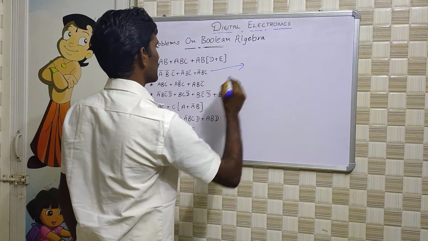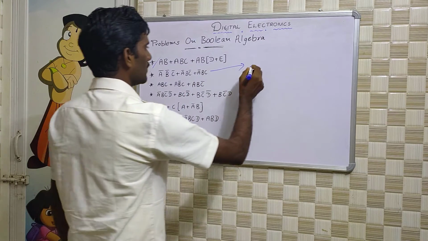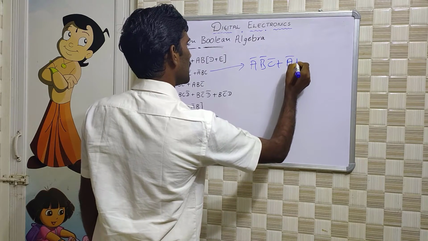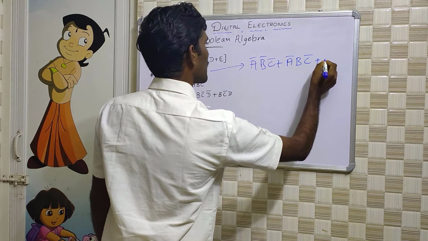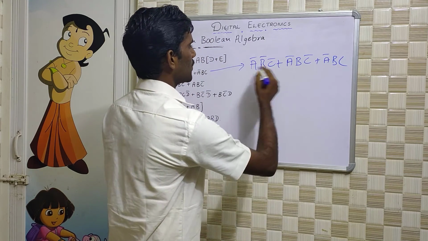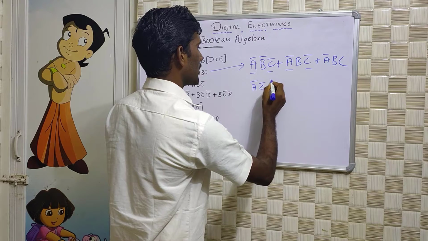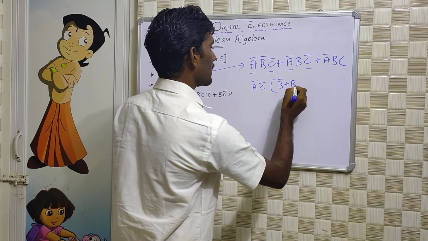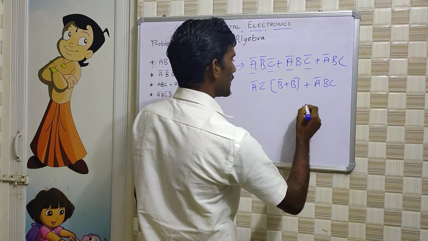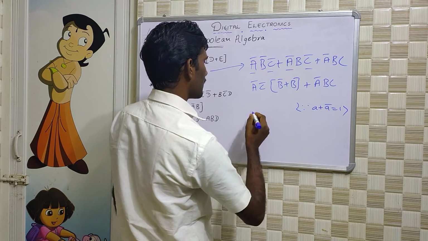The second one: A bar B bar C bar plus A bar B C bar plus A bar B C. From the first two terms we can take A bar C bar common, and it becomes B bar plus B. We keep the last term as A bar B C. We know the property A plus A bar is equal to 1, so here B plus B bar is also equal to 1.